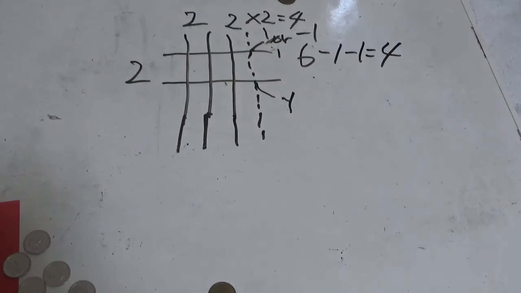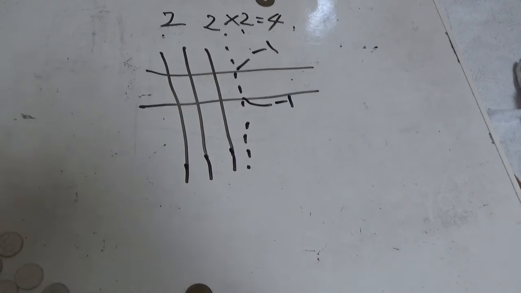Okay, so you can understand why a positive value multiplied by a negative value is negative. Next, I will explain multiplication of negative value by negative value.